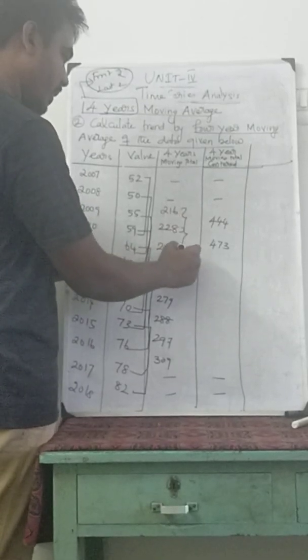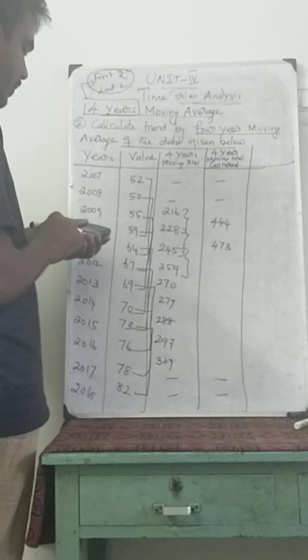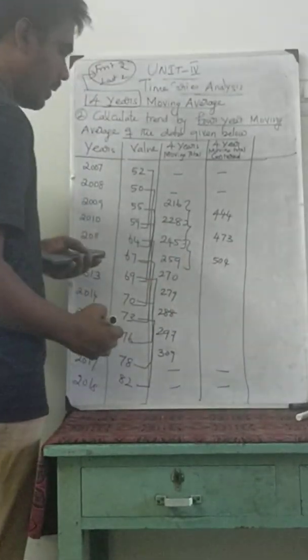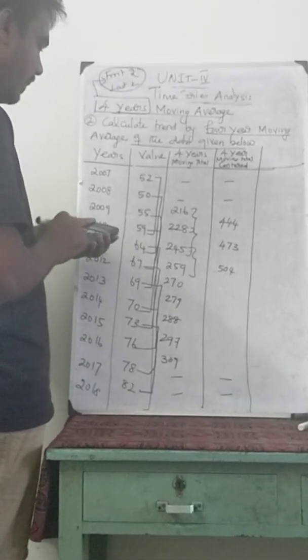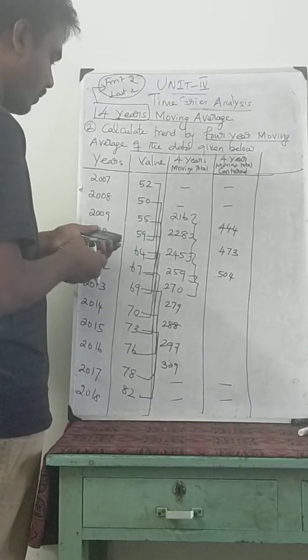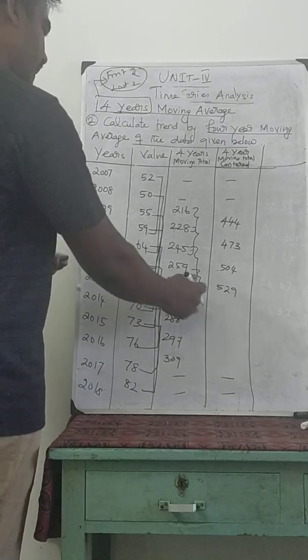This one and this one. The next one is this one. 245 plus 259, 504. Then 259 plus 270. How much? 529. It should be in the center.